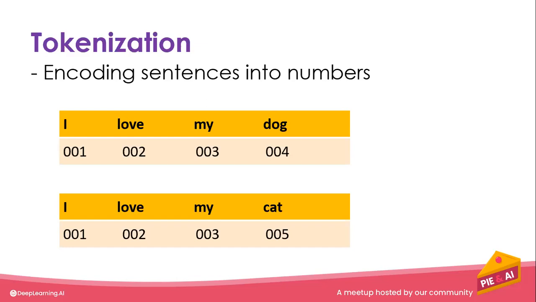And for the next sentence, I love my cat, we need to differentiate between the 2 tokens, dog and cat. So we will represent the second sentence as 1, 2, 3, and 5. You can see that 1, 2, 3, 4 and 1, 2, 3, 5 have some level of similarity as well, and we are also able to distinguish between dog and cat using different tokens.